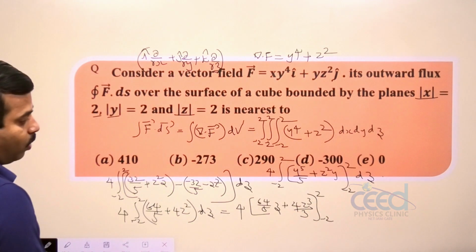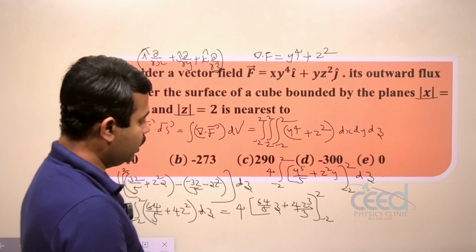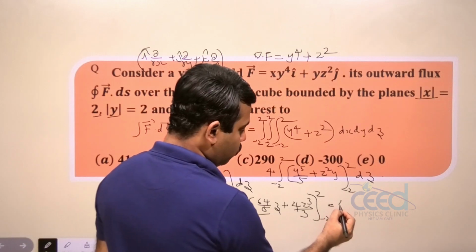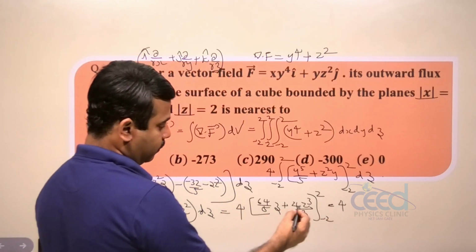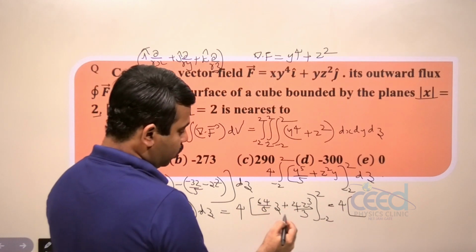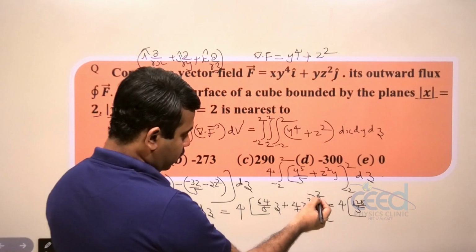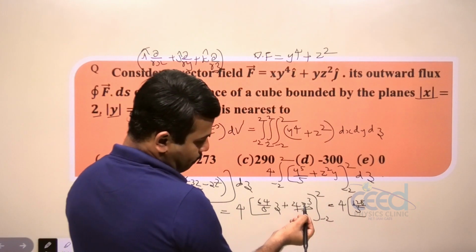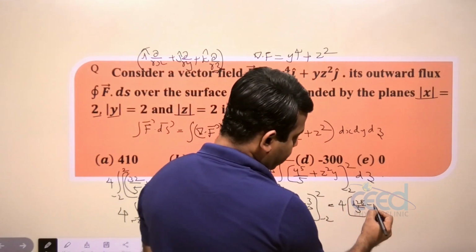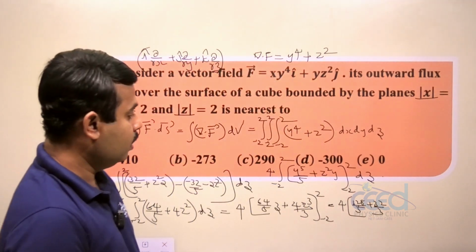Now our integration process is completed, now applying the limit only, that is 4 into, here you give 2, this becomes 128 by 5, here you give 2, this becomes 8, then 32 by 3.